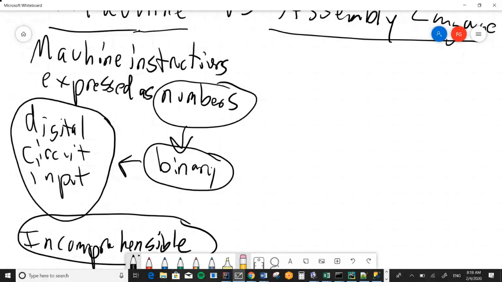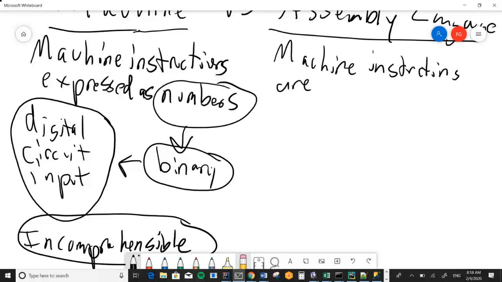Very, very early in the history of digital computing, people came up with the idea of an assembly language. The idea of an assembly language is that machine instructions are expressed as symbols.